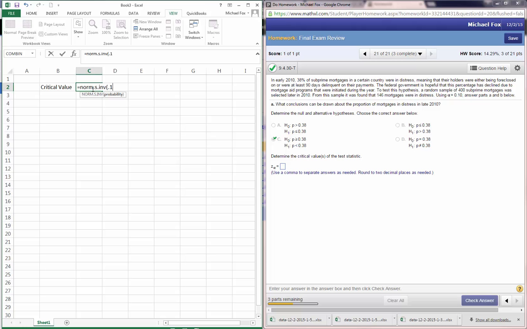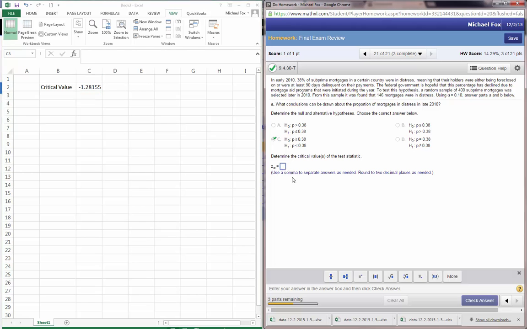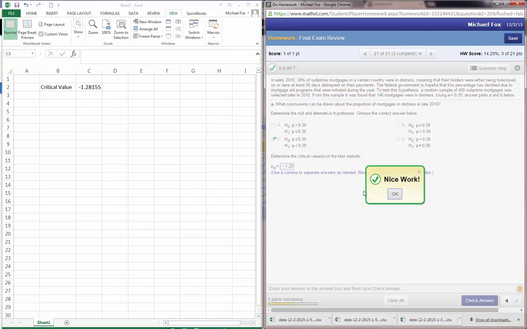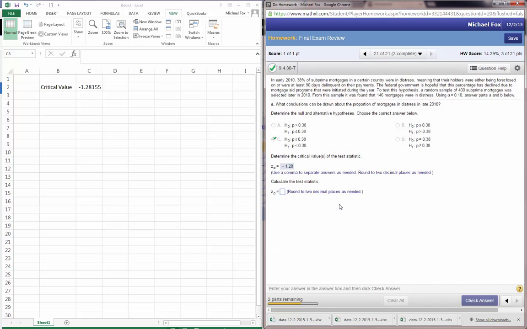So in this case, it's 0.1. So there it is. There's our critical value. Negative 1.28. They want 2 decimal places. What that means is if our test statistic falls below that critical value, then we're going to reject the null hypothesis.